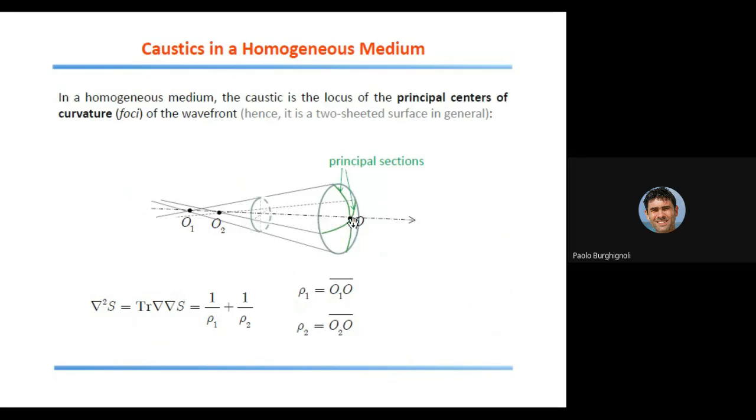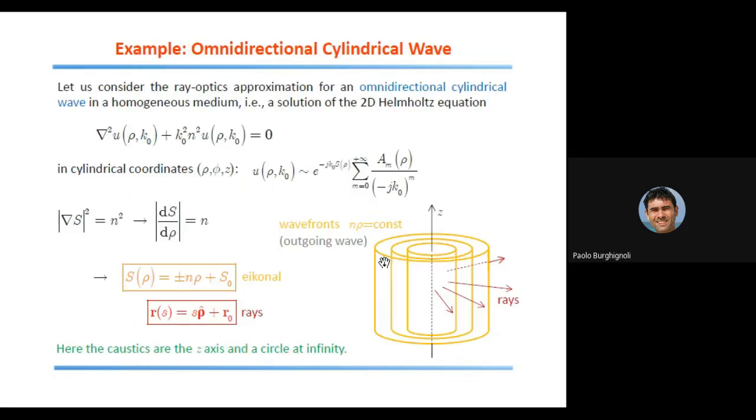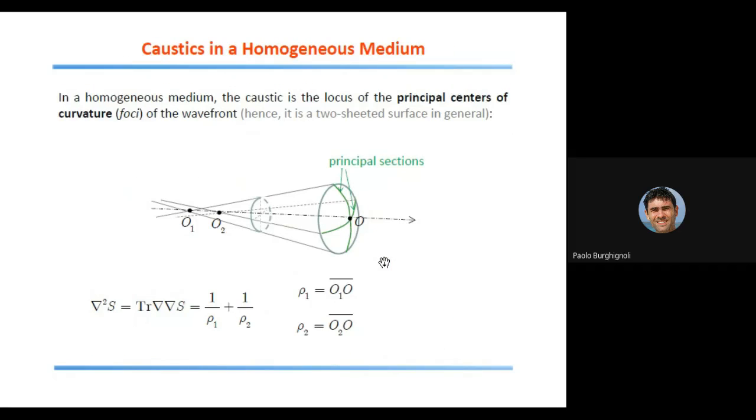If you let the point O vary along your wavefront, those points O1 and O2 will also vary, and they will describe a two-sheeted surface, which is, by definition, the caustic of your wavefront.